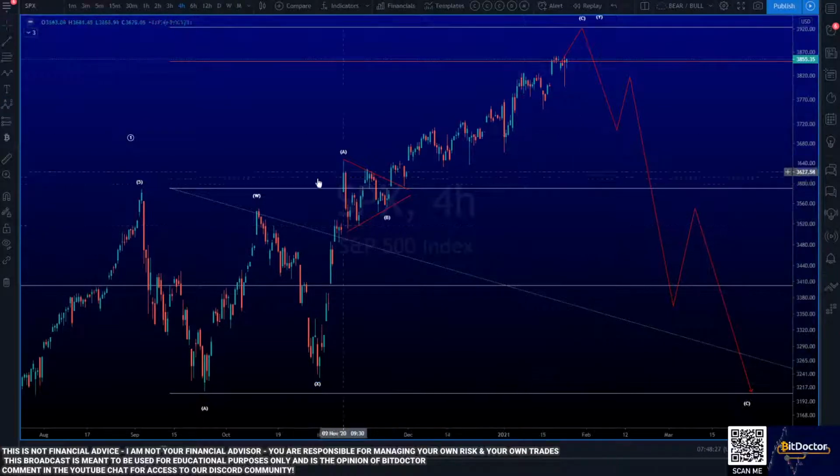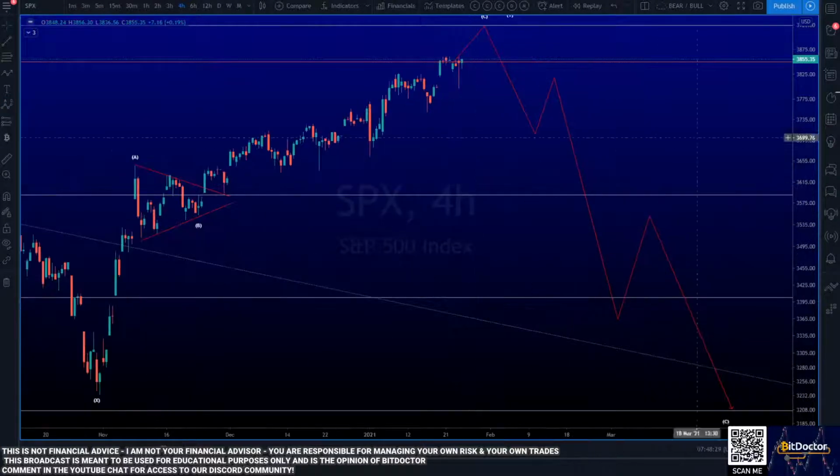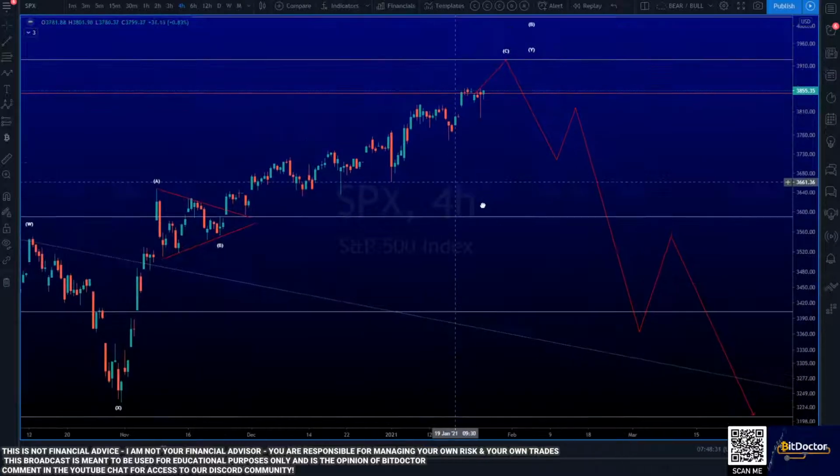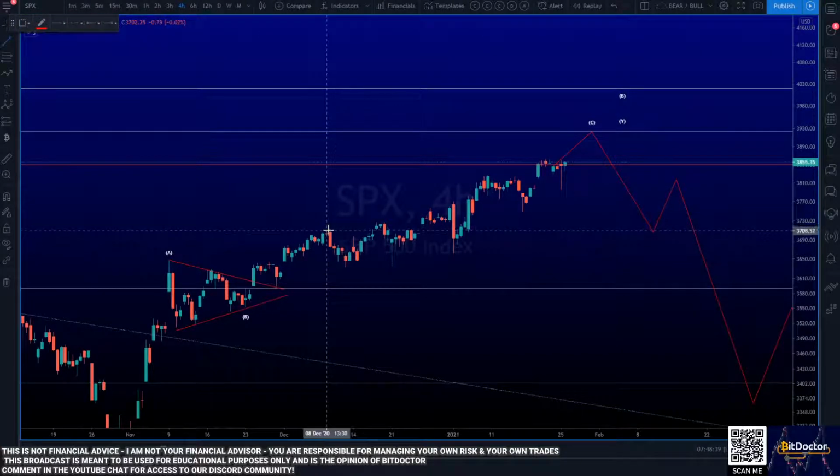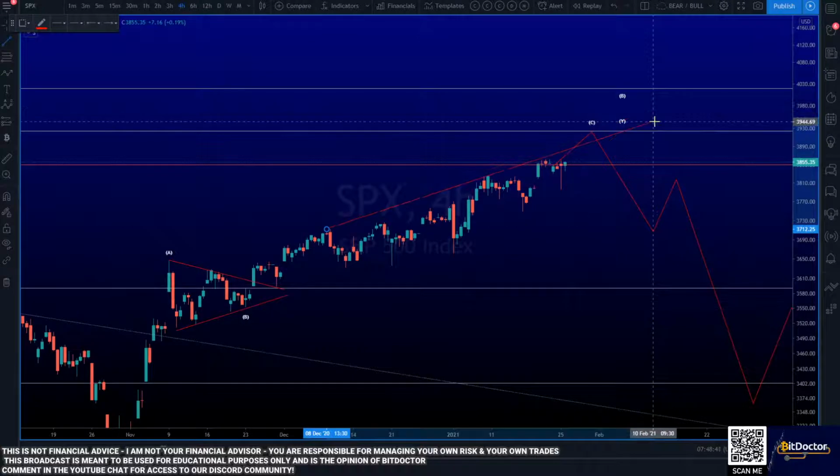All right, so we're in the middle of this right here. We're in the middle of finishing this C wave, and it's ending diagonal style, but also it's kind of doing one of these numbers right here, just in case you hadn't noticed.